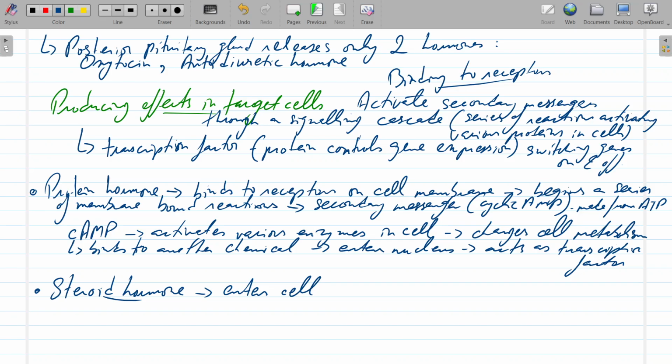So we mentioned testosterone, estrogen, or progesterone. These are the steroid hormones. They are made of lipids, they're steroids, and so they're lipid soluble. So they pass through the membrane, enter the cytoplasm, and act as the internal messenger themselves. So instead of having secondary messengers, these guys are the messengers.